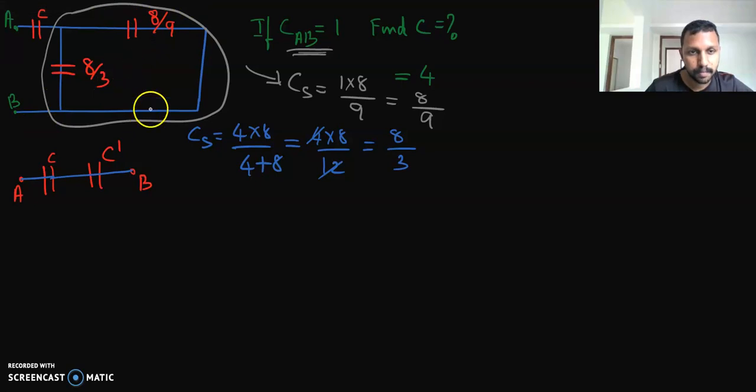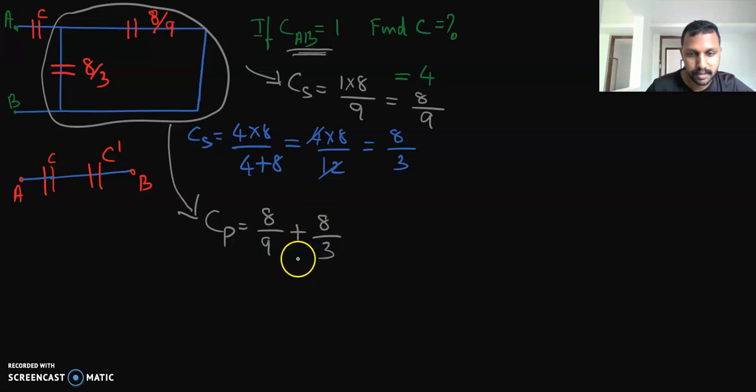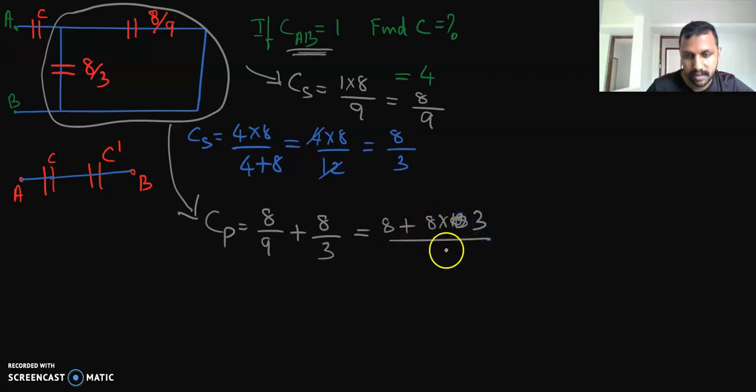If they are in parallel, Cp is equal to C1 plus C2, that is 8 by 9 plus 8 by 3. Therefore, I can multiply the 8 by 3 by 3 over here, and it will become 8 plus 8 into 3 divided by 9, which is 32 by 9.